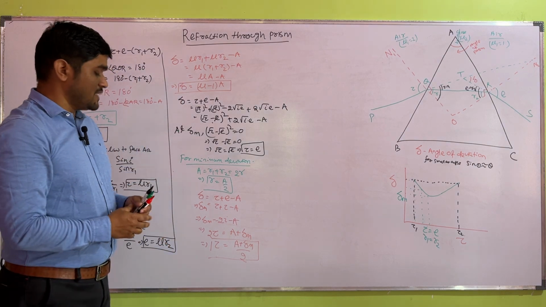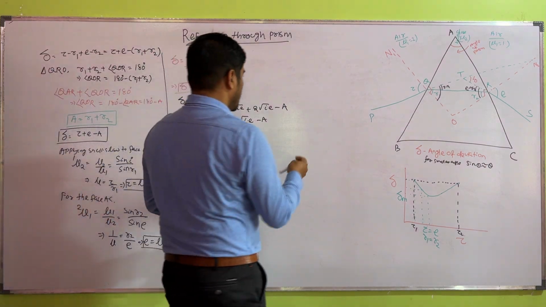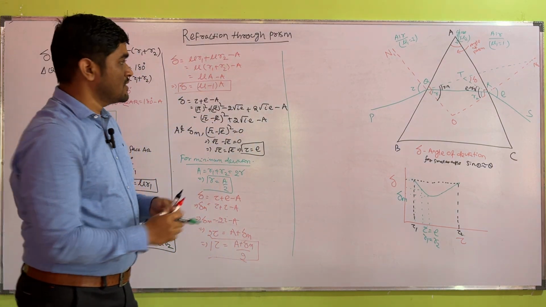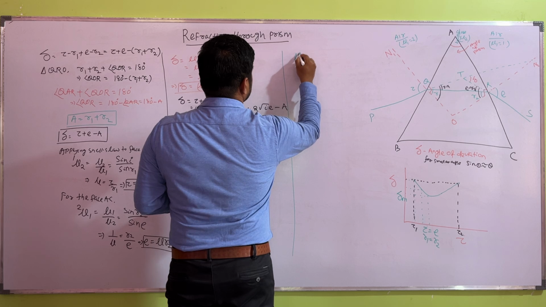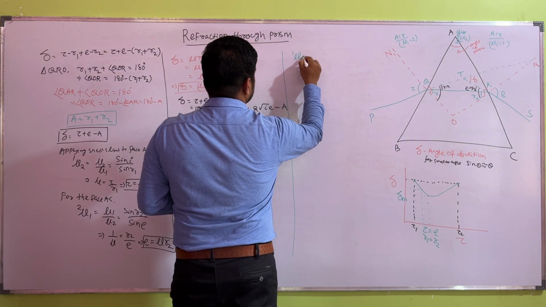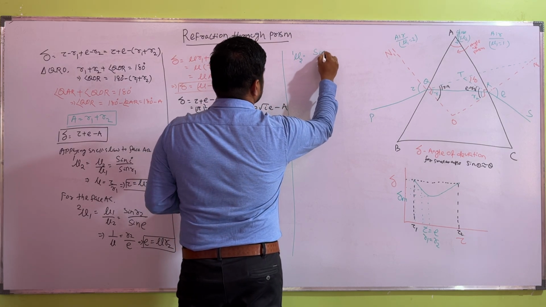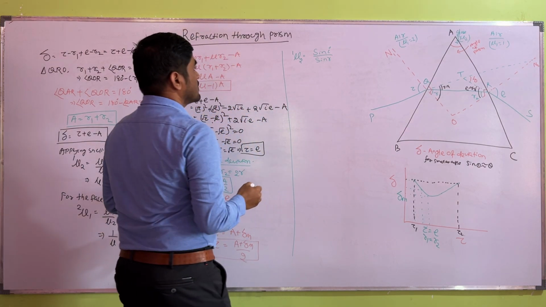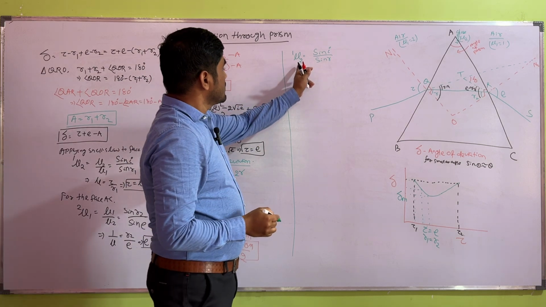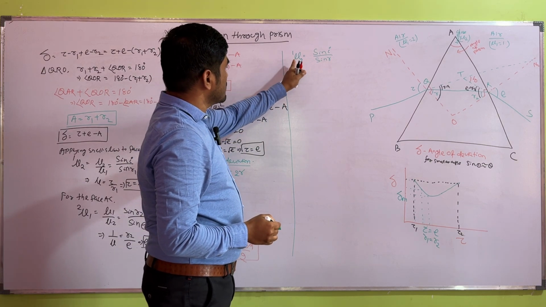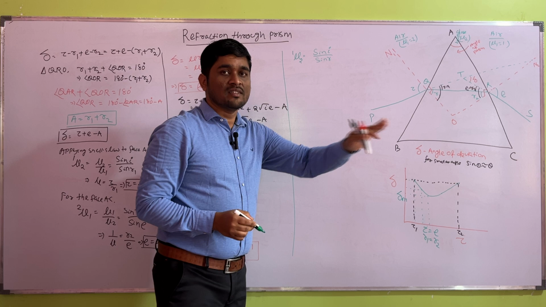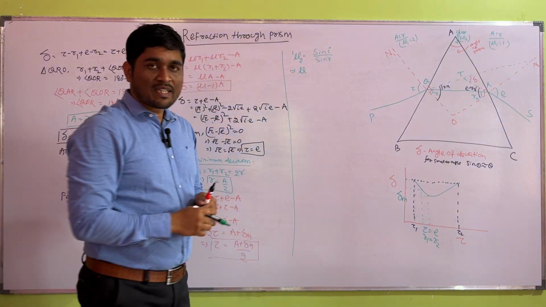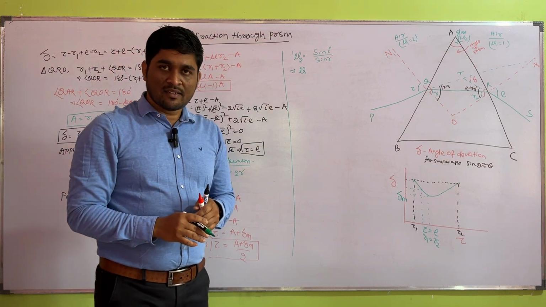Clear? For minimum deviation, if we apply Snell's law, what is Snell's law? Mu 2 1 is equal to sin I divided by sin R. The first medium is air, the second medium is glass. So mu is the refractive index of the glass with respect to air.